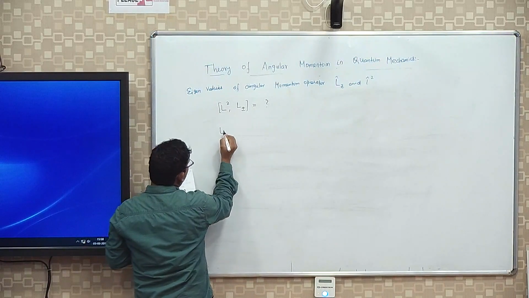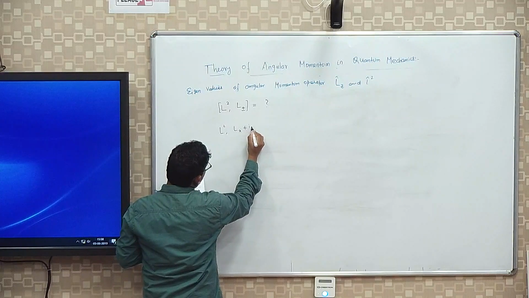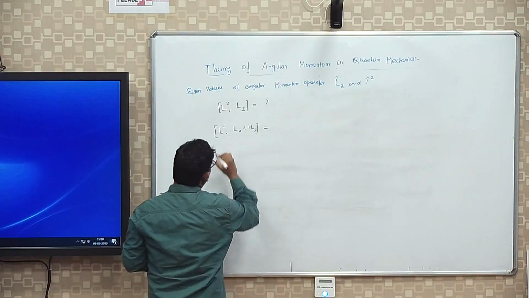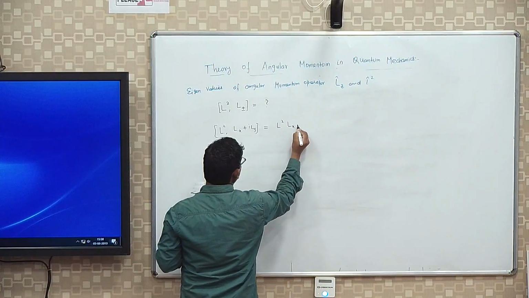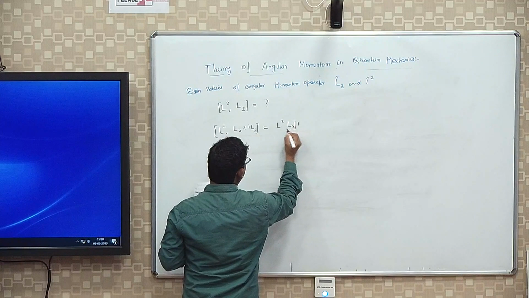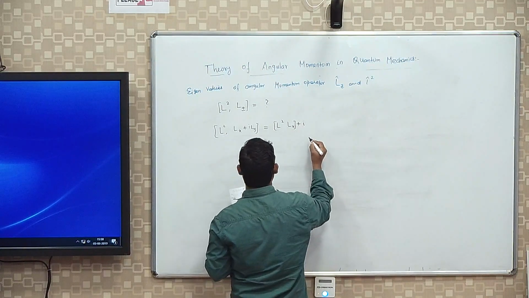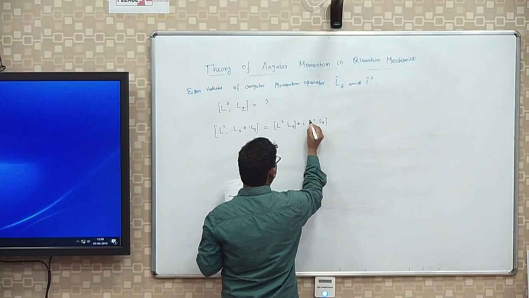Let's check it. L squared with the raising operator Lx plus i Ly. No problem, you keep L squared with Lx, plus i L squared comma Ly.